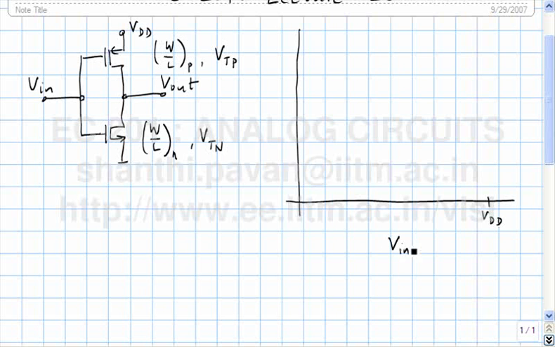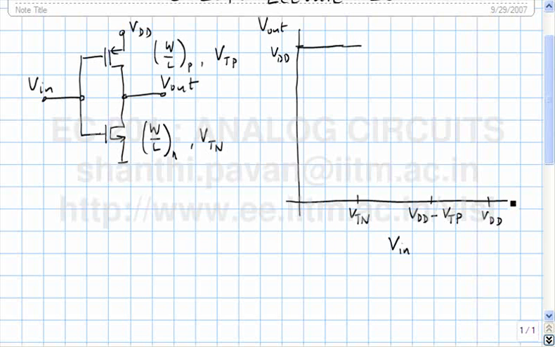If this was Vin on the x-axis and Vout on the y-axis, increasing the input voltage from 0 upwards until it reaches VTN, what do you expect? The NMOS transistor is cut off and the PMOS transistor is operating in the triode region, so the output voltage will do this.